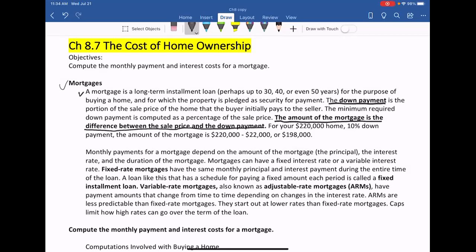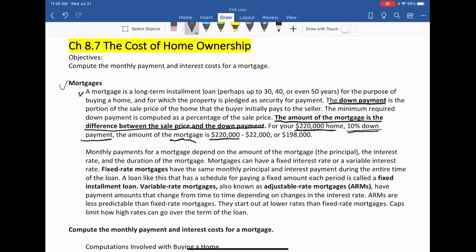For example, if you buy a $220,000 home with a 10% down payment, the mortgage means use the sale price, $220,000, subtract the 10% down payment.